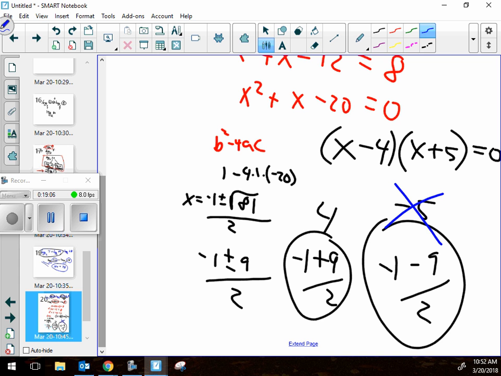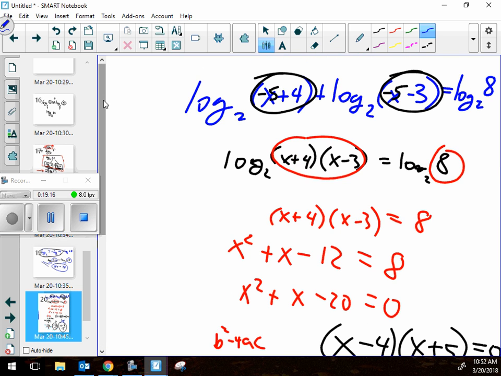Now, just be careful that you don't think that every time a number is negative that it's extraneous. It's not true. You have to stick it in the original and see if the original makes that number. Because see, if this had been a plus 17 here, then negative 5 plus 17 wouldn't have caused a problem. Because the whole thing would have to be negative. And this number was small enough that it was a problem.